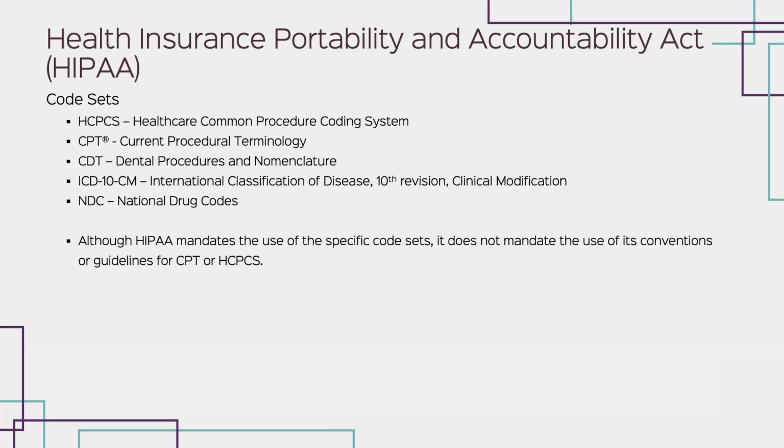It is important to know that although it does mandate the use of those specific code sets, it doesn't mandate the use of the conventions or guidelines for your CPT or your HCPCS. Those are going to be mandated and regulated by AMA, and then CMS for the HCPCS.